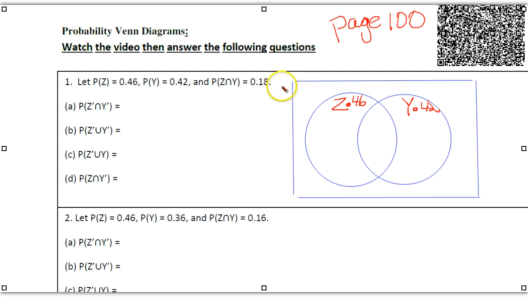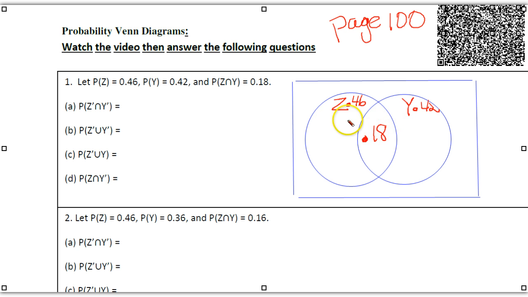Now we also know, because of this, that the intersection of these two sets is 0.18. So this is a good little tool that we had before.